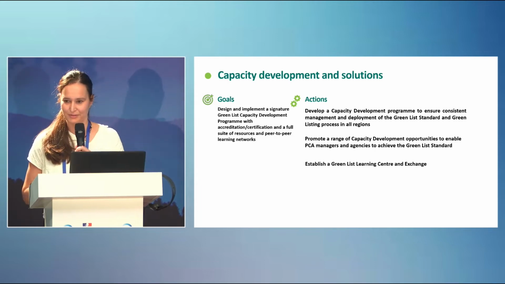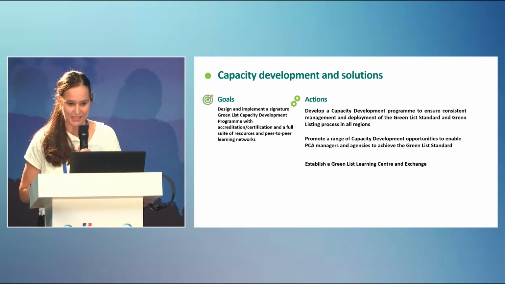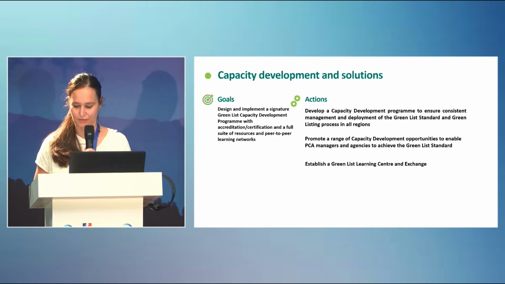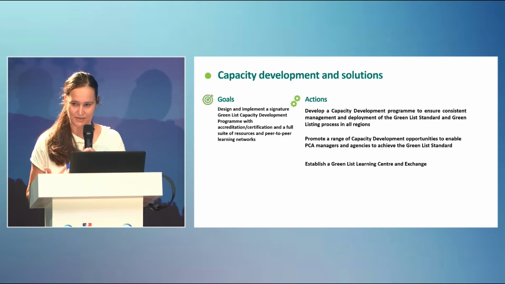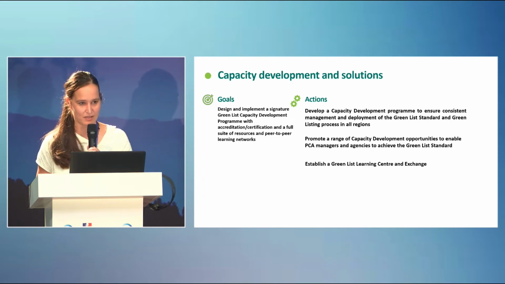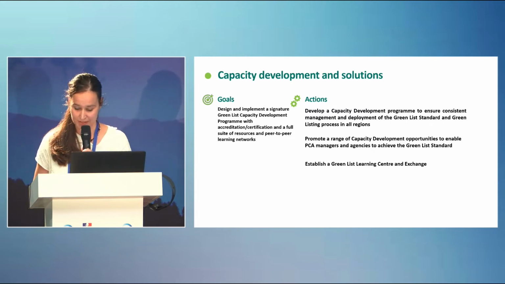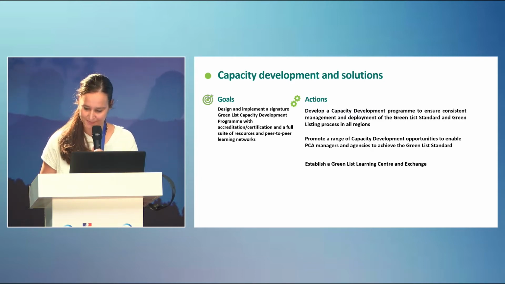There are a number of needs and aspects that still need a lot of further thinking through around this topic. So there's, of course, a need of looking at the global level of ambition that was introduced in the beginning in terms of capacity development needs. So the level of ambition for the Green List globally defines the capacity development program that we have to deliver to enable people to run the process and to work towards protected and conserved areas improvement.